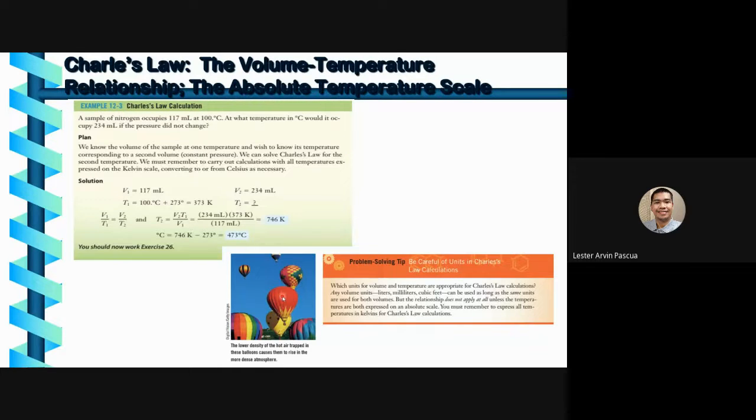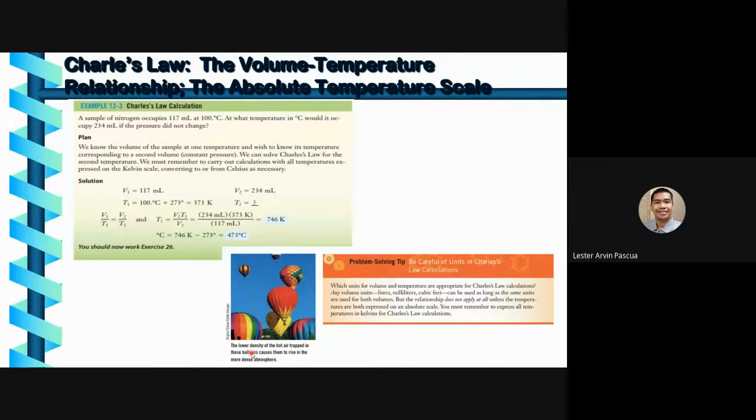Pwede mo ring tignan sa density, no? So dito nga, sabi niya rito yung density. 'Di ba? Ang idea ng density is pag pareho yung density, nagpapantay sila, no? So isipin mo, paano ba? Kapag meron kang plastic, pinatong mo sa tubig, hindi siya lulubog, di ba?